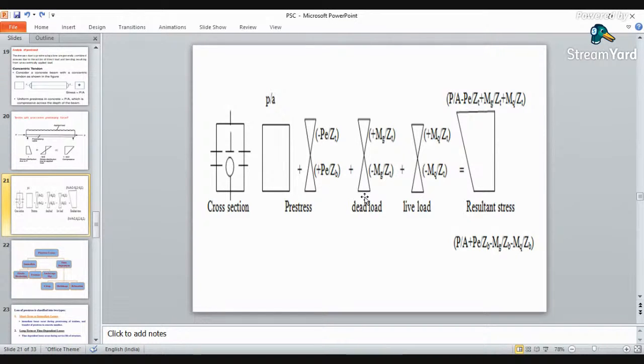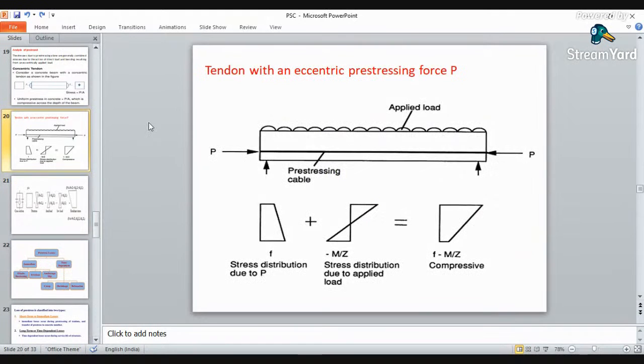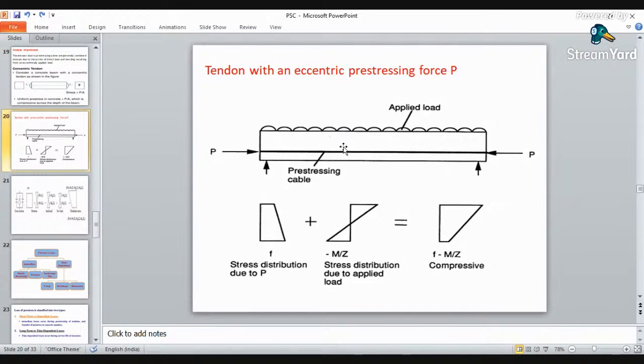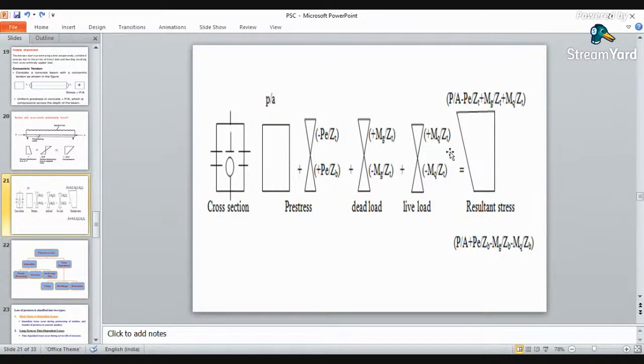Whatever the dead load intensity or applied load intensity given, that gives your dead load stress. How will you find it? Again, M by Z. You have to find the moment because of that gravitational load. Then the fourth is because of the dead load of this beam. So this is again M by Z.